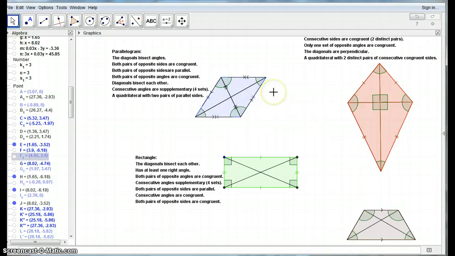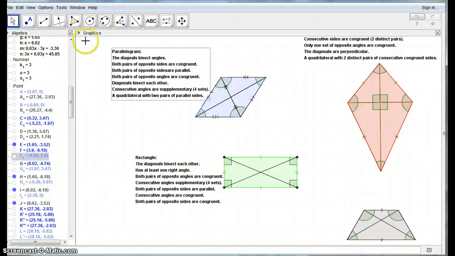Yeah, that's it. So when you have parallel sides, like this one here, you marked very nicely parallel. Same with the rectangle. Now you'll have enough congruent marks to show that the diagonals bisect each other, because in a rectangle the diagonals are congruent and they bisect each other.